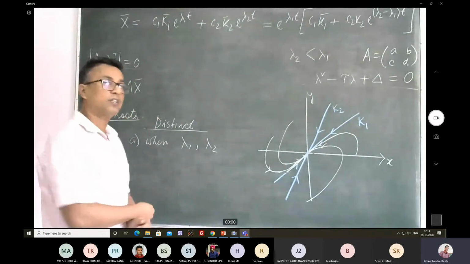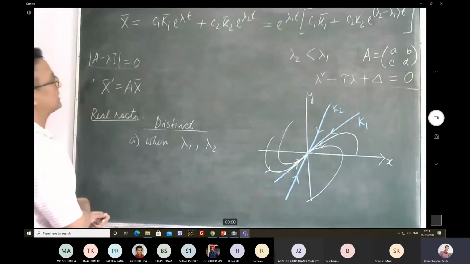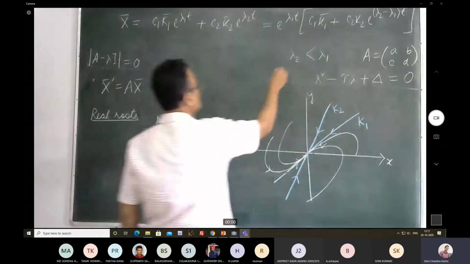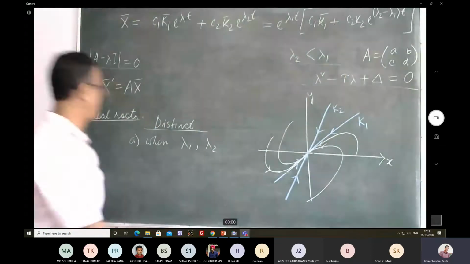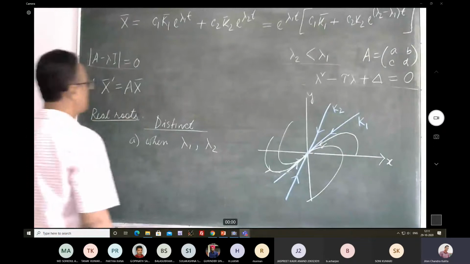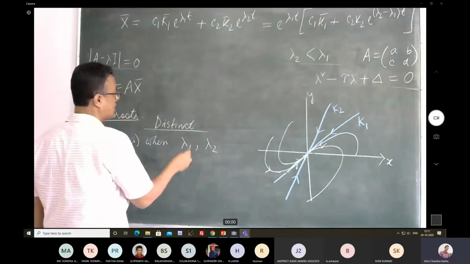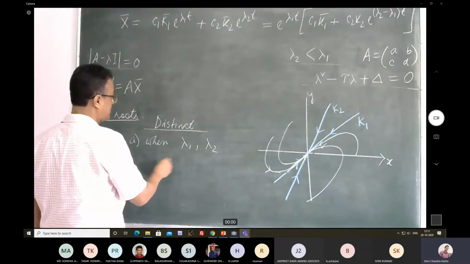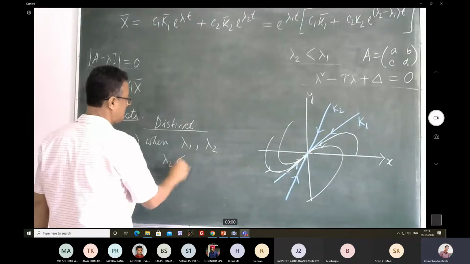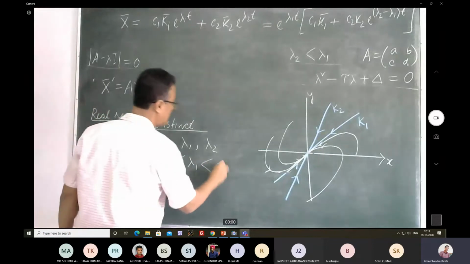Under all circumstances we assume that lambda 2 is less than lambda 1. Okay, and when both lambda 1 and lambda 2 are negative, I can write this as this.